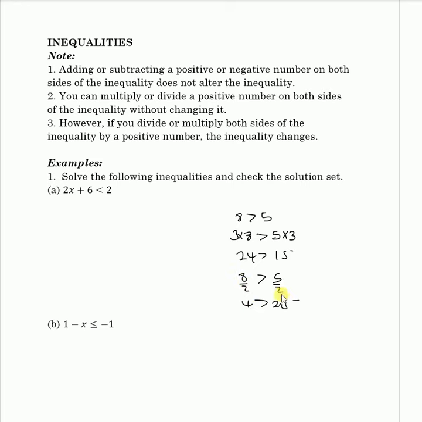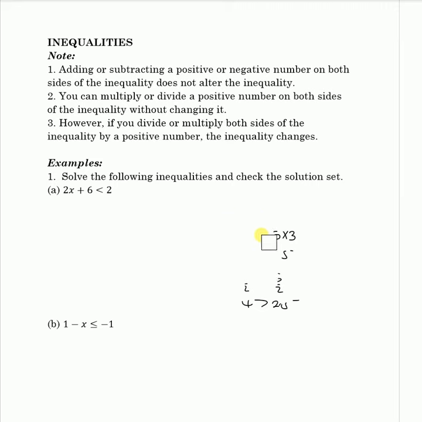We divided by 2, which is a positive, nothing changed. So addition and subtraction is okay for all integers, whether positive or negative. When it comes to division, it is okay for positive numbers. When it comes to multiplication, it is okay for positive numbers.